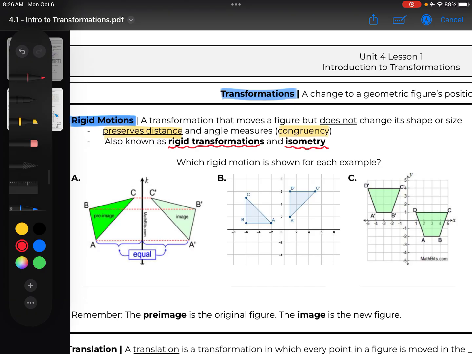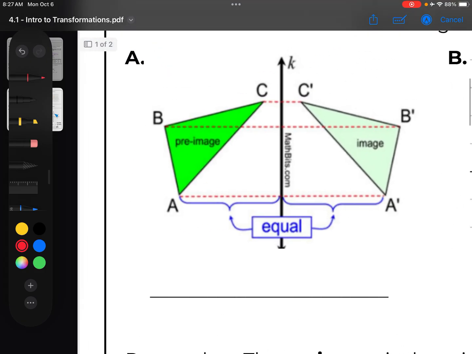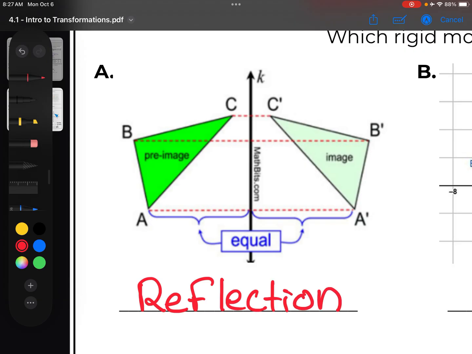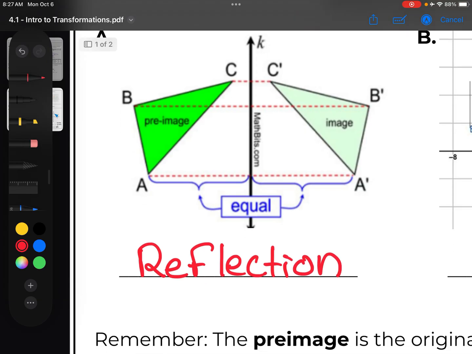So we're going to look at the following three examples and determine which form of isometry or rigid motion is shown for each example. For example A, we can see that the images are reflected. It's a mirror image. The pre-image is reflected to create the image.